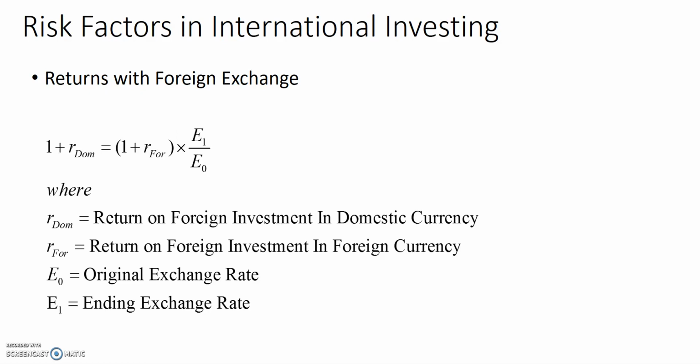Then we have the exchange rate, which is factored in as well. This will allow you to determine and take into account the risk factors involved in investing internationally so that you can determine what your return on the investment actually is in a quantitative form.